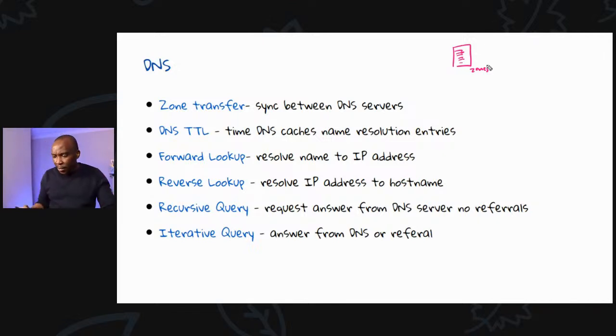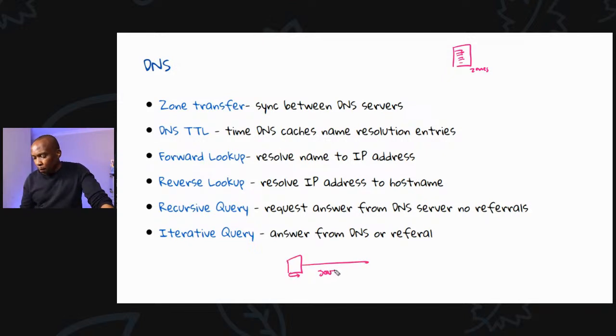So let me draw this so that it's probably clear. So we've got your PC sitting here. You want to go to google.com. I hope this is visible. Google.com. So you query your DNS server sitting here. When you do a recursive query, what you're simply saying is, give me the answer, but don't ask any other DNS servers, either on the network or on the internet.